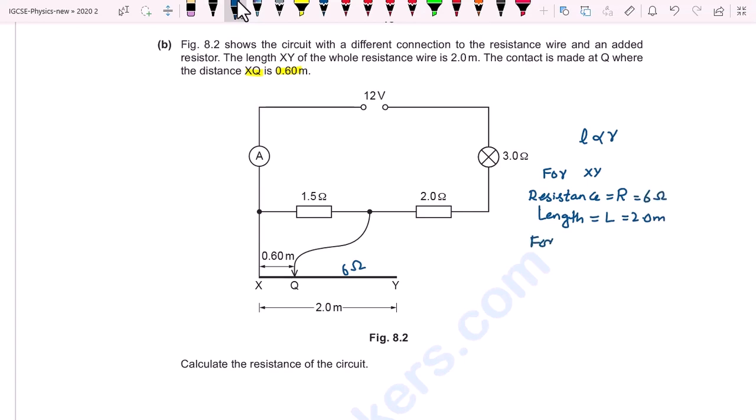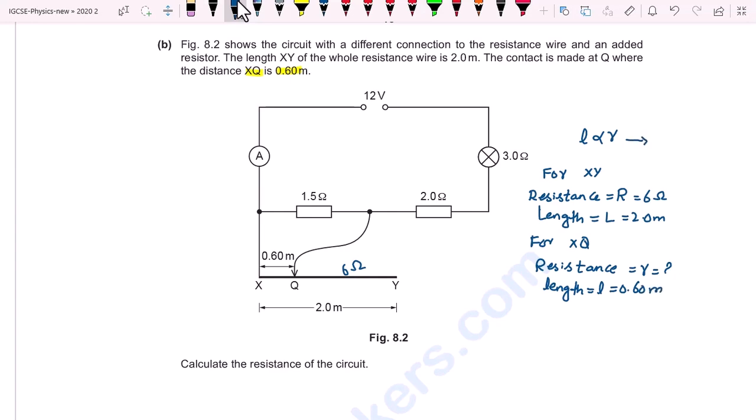Now for the other, X and Q, resistance I represent with small r, and we first have to find out the resistance of this, while the length I represent with small l. It will be equal to 0.60 meters.